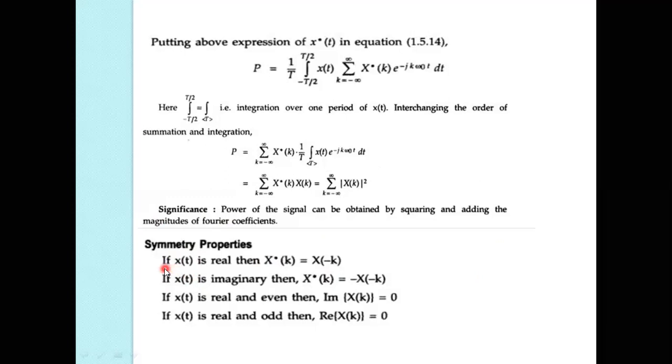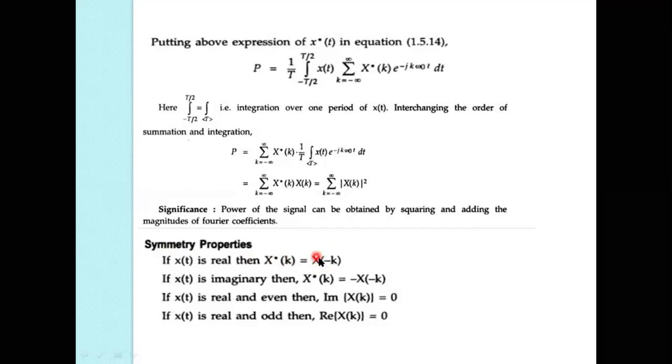The first one is, if x of t is real, given the time signal is real, the frequency signal x star of k is equal to x of minus k. Symmetry for the negative values also.